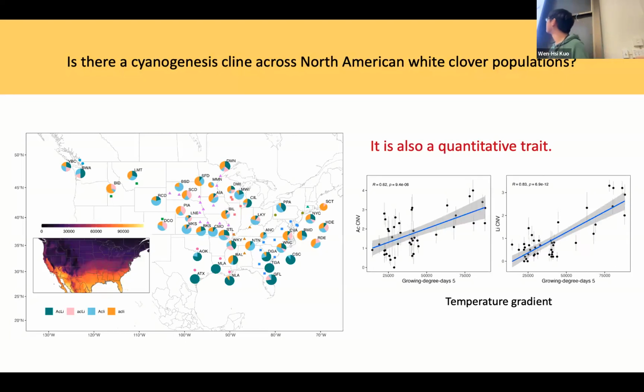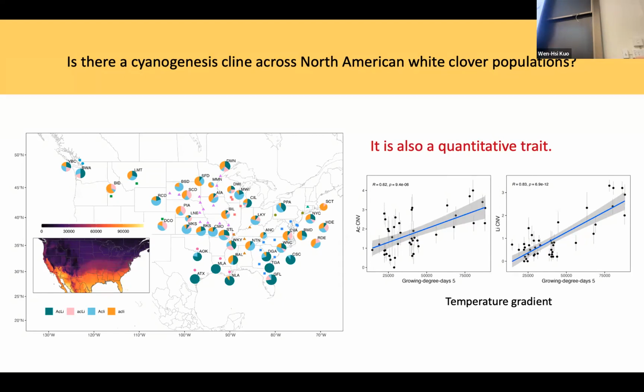This is our sampling site, and the different colors in the pie chart show 4 different functional phenotypes of cyanogenesis polymorphism. Only this green phenotype can synthesize and release cyanide.